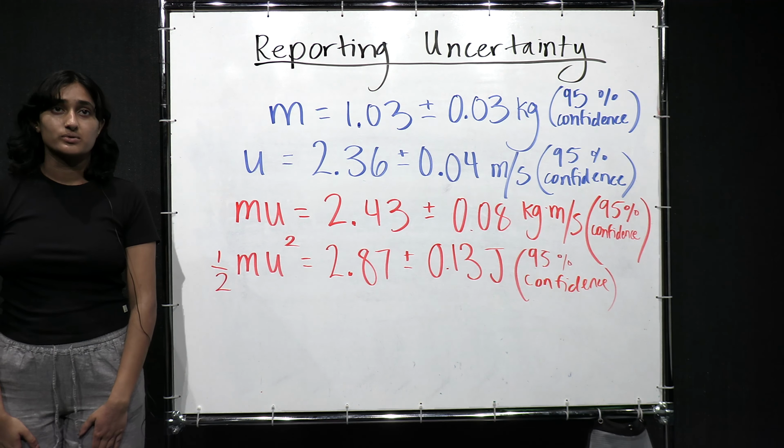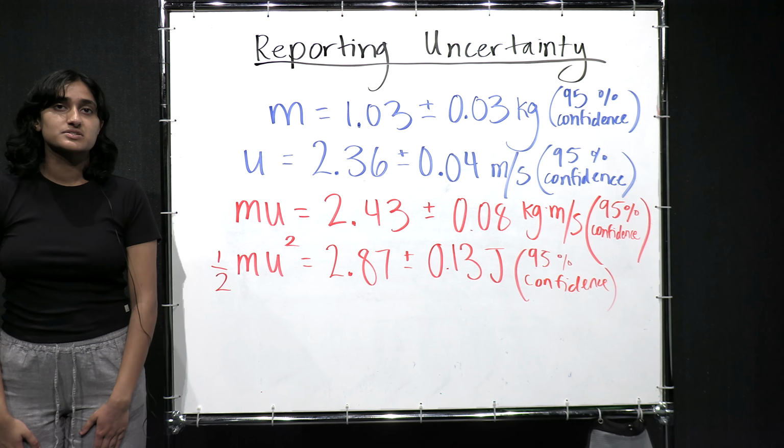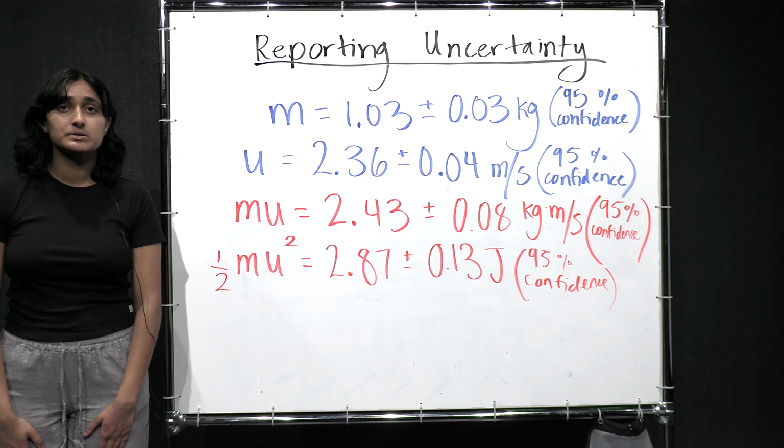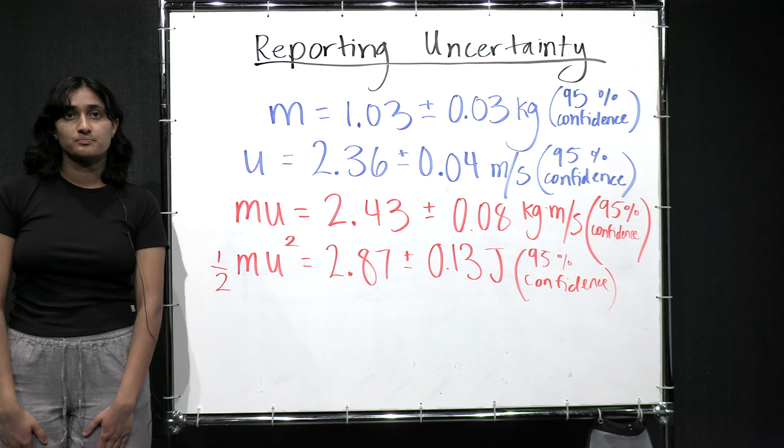A future video will teach you how to propagate the uncertainty. Again, a responsible engineer will report the uncertainty in the calculated quantity due to the uncertainties in the measured quantities.